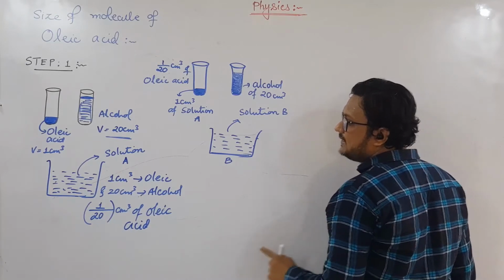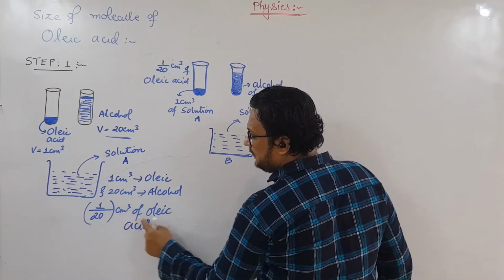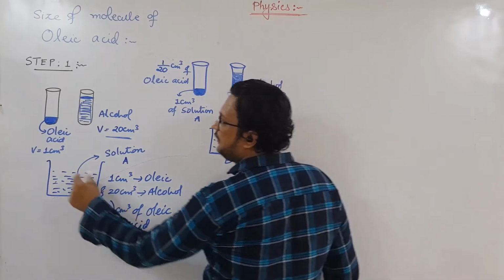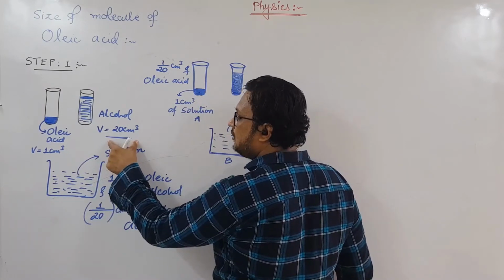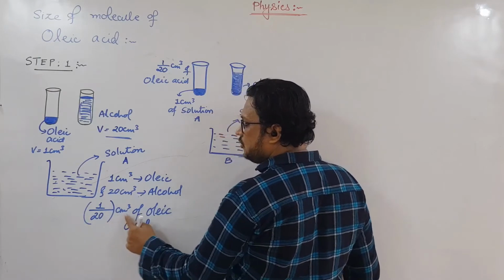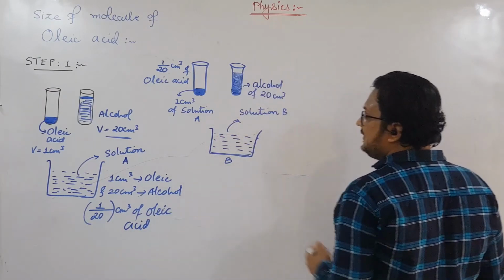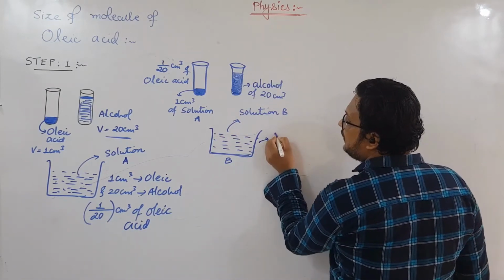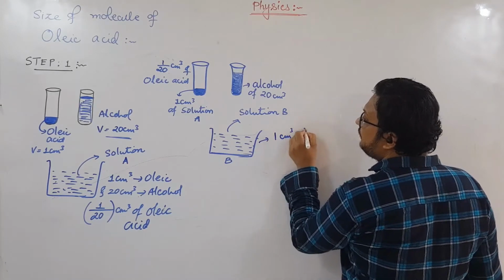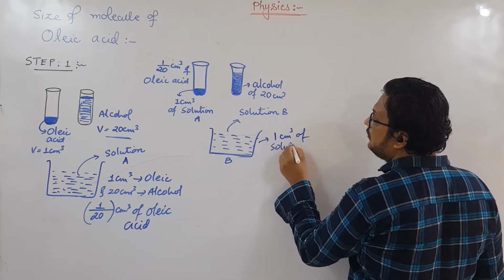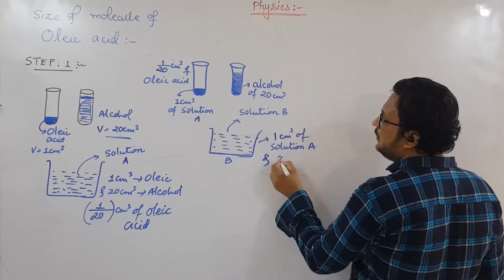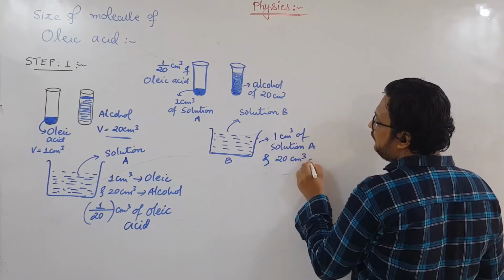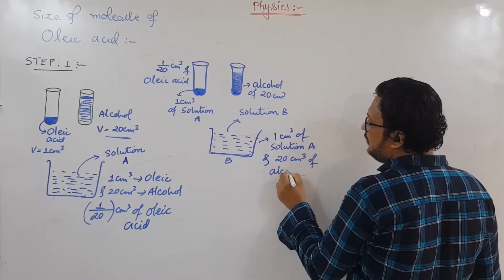So again you can say that in the same way, 1/20 centimeter cube of oleic acid, because we were having 1 centimeter cube of oleic acid and 20 centimeter cube of alcohol. So here in the same way, we have 1 centimeter cube of solution A and 20 centimeter cube of alcohol.